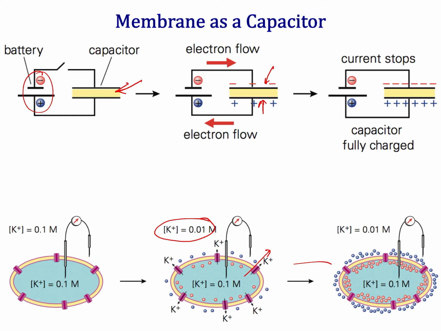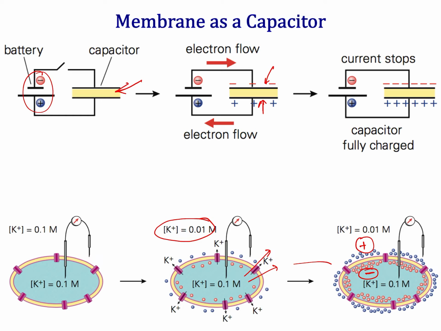Note that the concentration of potassium ions will not be the same on both sides of the cell at equilibrium, because although the chemical gradient pushes potassium outside, the negative electrical gradient of the cell inside with respect to the outside opposes the outward flow of potassium ions. Therefore, an equilibrium will be established.